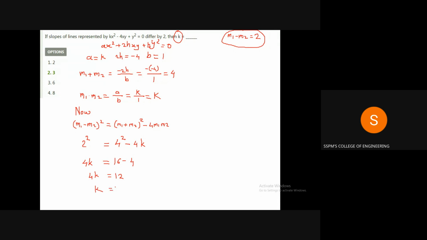Therefore k is equal to 12 by 4, which is equal to 3. So value of k is 3. So again, next question.